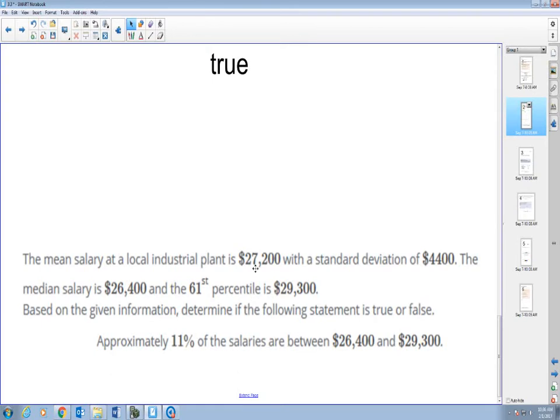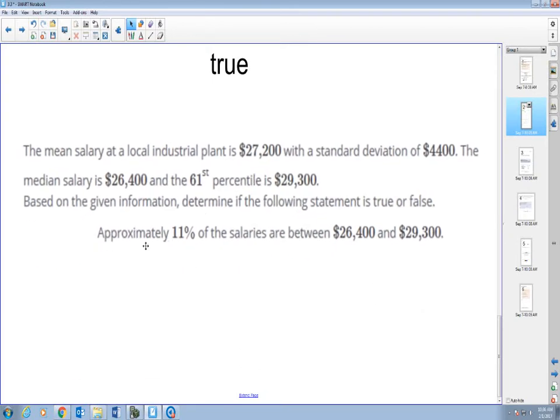All right, interesting question here. Same information, but approximately 11% of the salaries are between these two numbers. The 26,000 is the median. The median is always going to be at the 50th percentile. The 29,300 is at the 61st percentile.